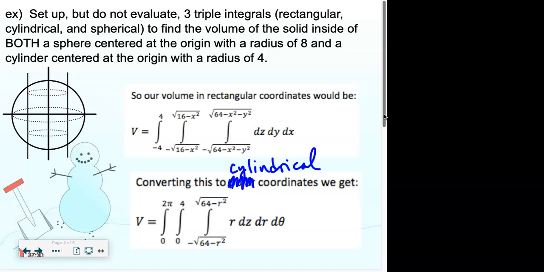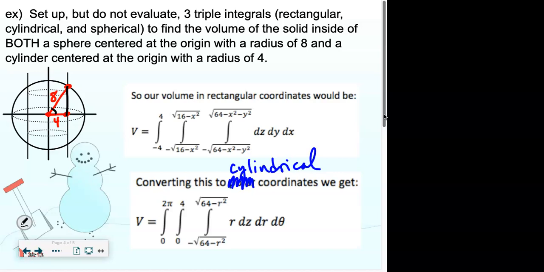Okay, I have this point right here. That point's on the sphere, right? So this radius right here is 8. To go from the origin to the side of the cylinder is 4. This little angle right here, I drew in like a triangle. If you didn't know your special rights, you could do arc cosine of 4/8, arc cosine of a half, and find this.